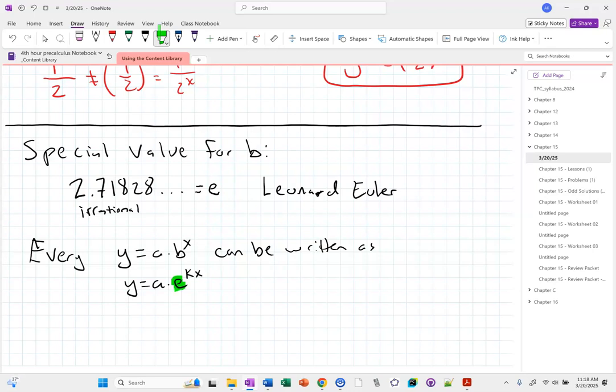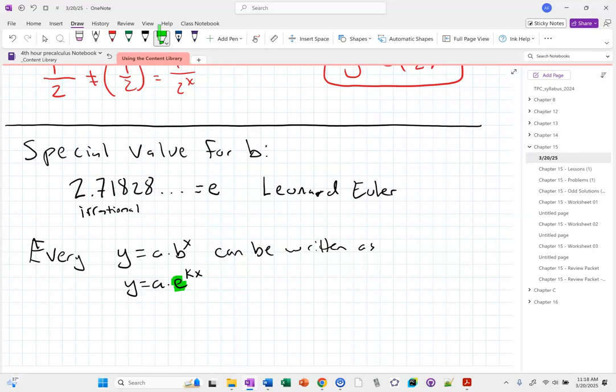Well, if you're trying to compare two exponential functions and they have different bases, it's really difficult to get a good idea of how they're growing and what the difference between them is. If you can write them with the same base, it's much easier to compare the two functions.